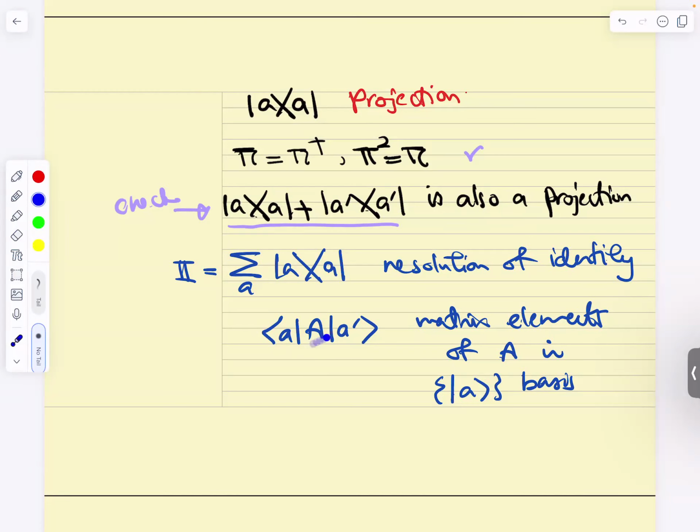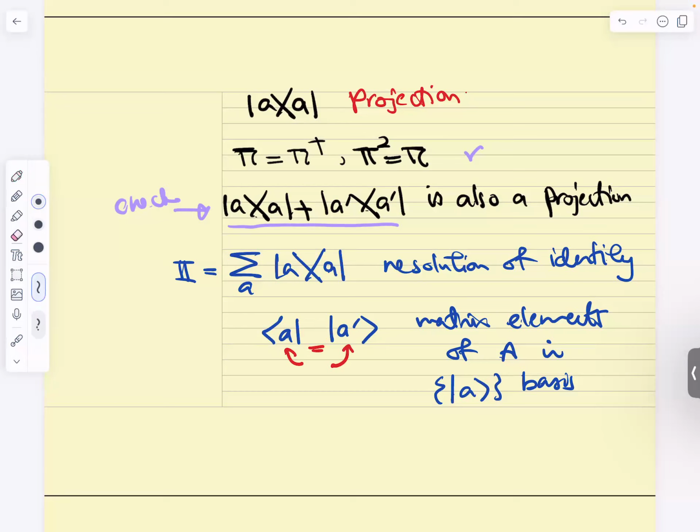We said that if you take some operator and look at its ket-bras in some orthonormal basis, well, if A and A prime are the eigenkets of A, then this is just a diagonal matrix. This is just proportional to delta A prime, right?